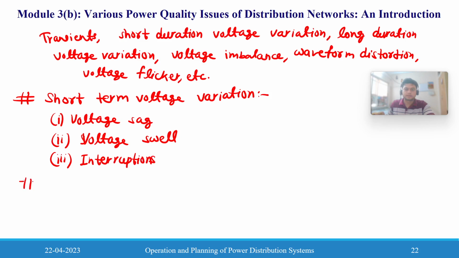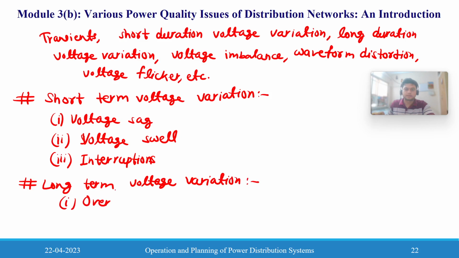While on the other hand, long term voltage variation consists of over voltage and under voltage. It sustains for more than 1 minute, while the short term voltage variation sustains for a few cycles to 1 minute. And there are sustained interruptions.